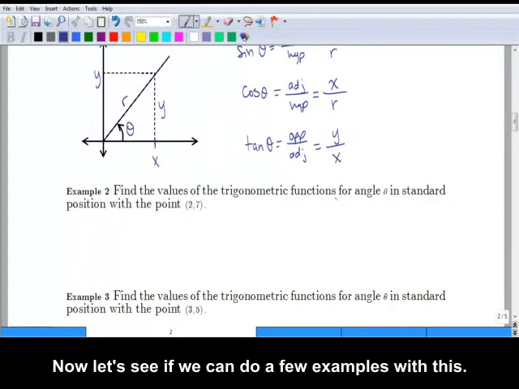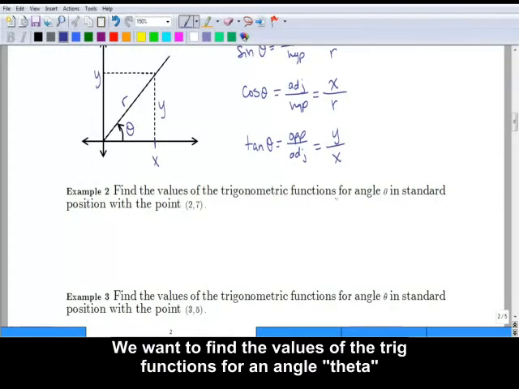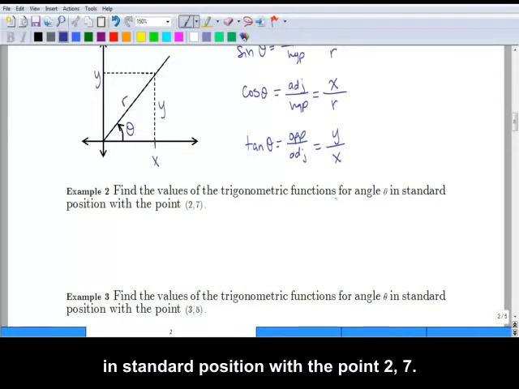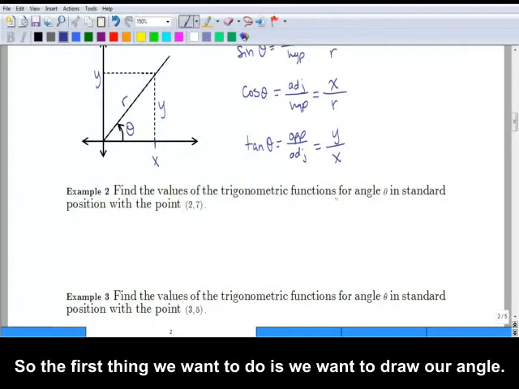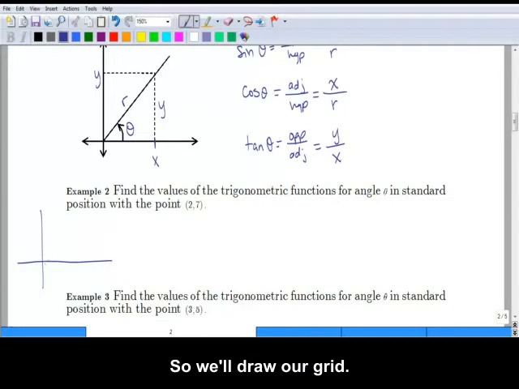Now let's see if we can do a few examples with this. We want to find the values of the trig functions for an angle theta in standard position with a point (2, 7). So the first thing we want to do is draw our angle. So we'll draw our grid, and again, we'll label our axes.